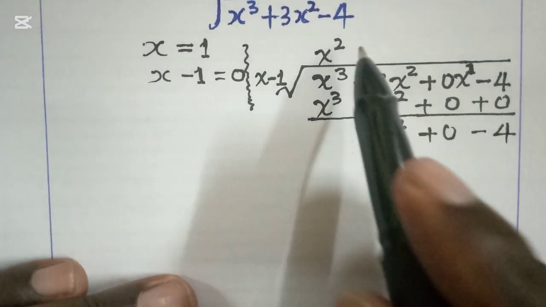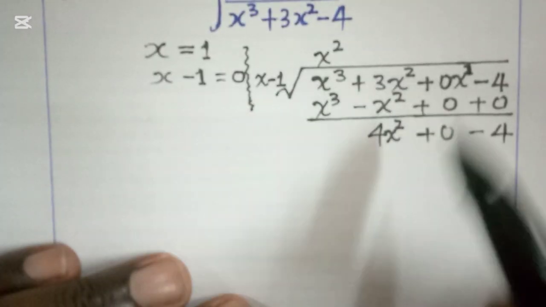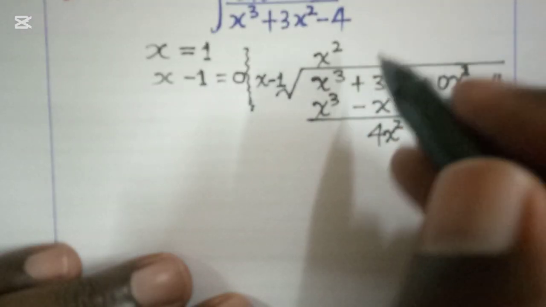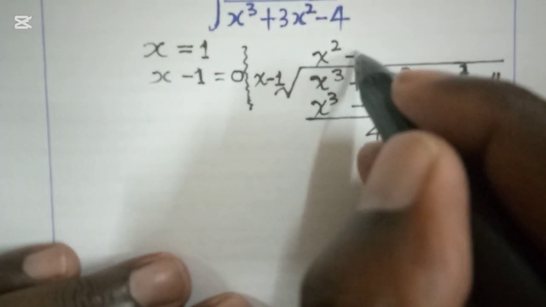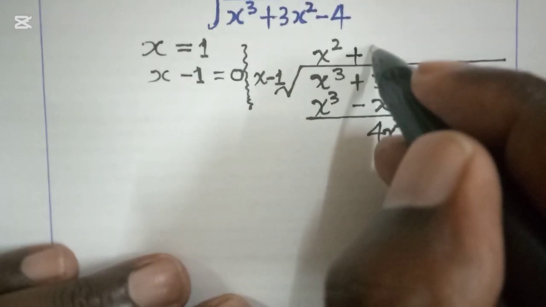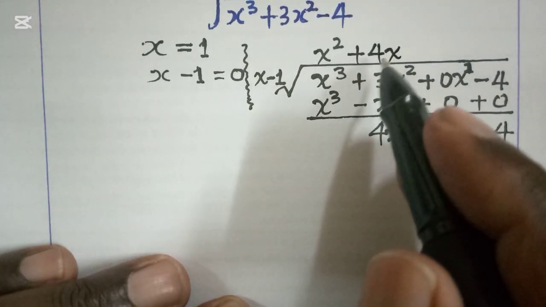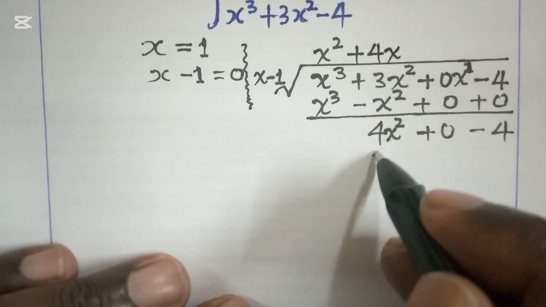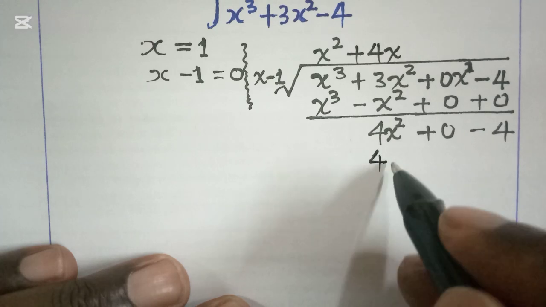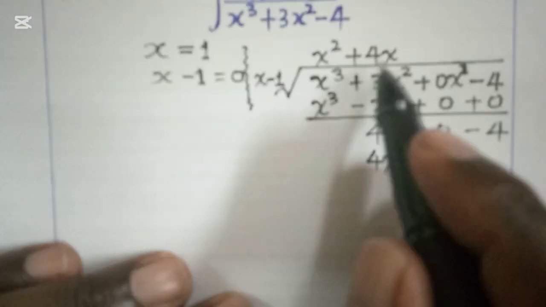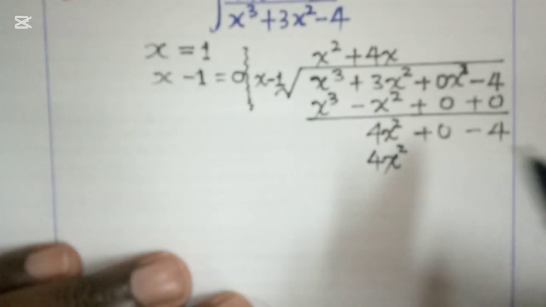Now we look for another number. If you multiply by this, you get 4x squared, and that number is going to be plus 4x. So if you multiply by x, it will give us this 4x squared. Then multiply 4x by negative 1.